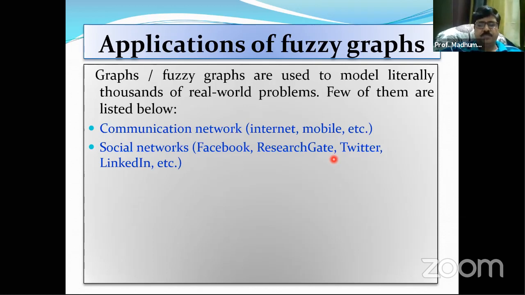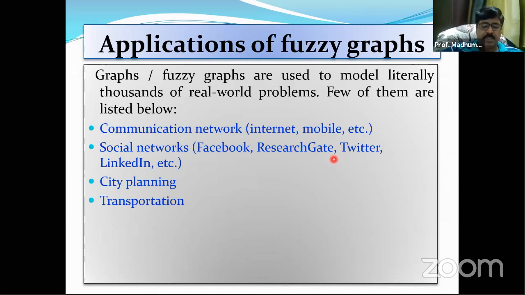Social networks, nowadays, are familiar to most people. Facebook, WhatsApp, ResearchGate, Twitter, LinkedIn are all examples of graph theory. Particularly, we can say that social networks are nothing but fuzzy graph theory. City planning, road planning, or any kind of train line or road line construction depends on graph theory.